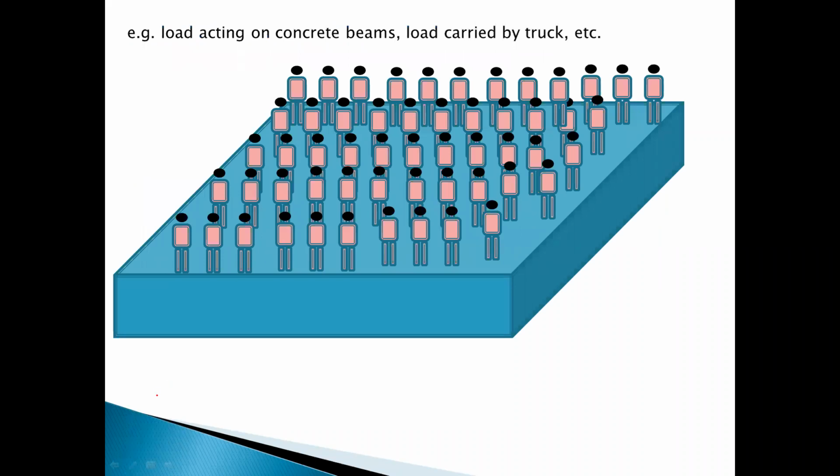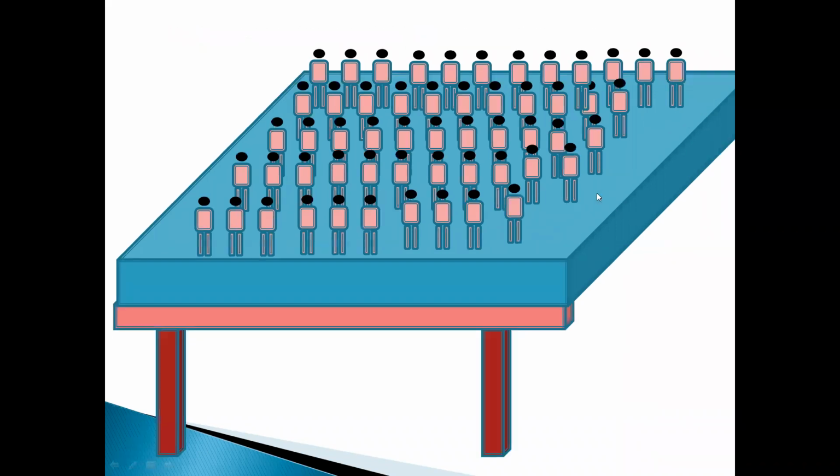So let us see how we get the uniformly distributed load over the beam. Here we have one floor of the building. While designing the building or these columns, this is called a beam, which is a horizontal member.